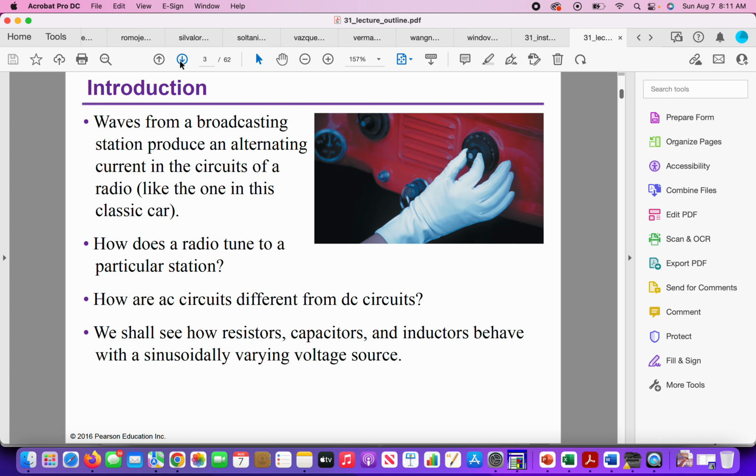What are the differences? And we will see how we are going to treat today resistors, capacitors, and inductors with an alternating current that is changing with time, like a sine wave or a cosine wave, and how this is going to affect the voltages and currents through them.